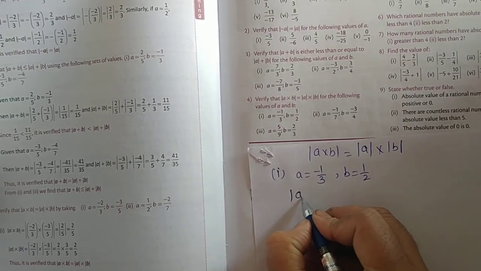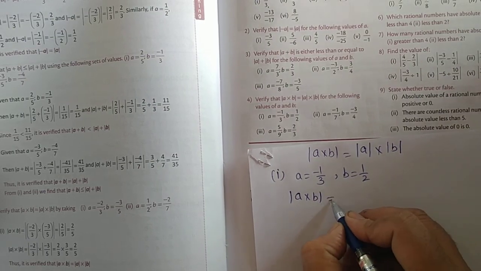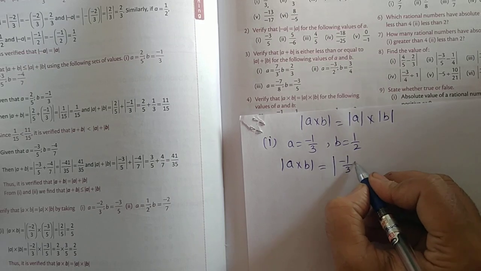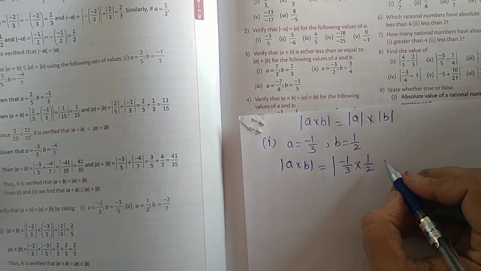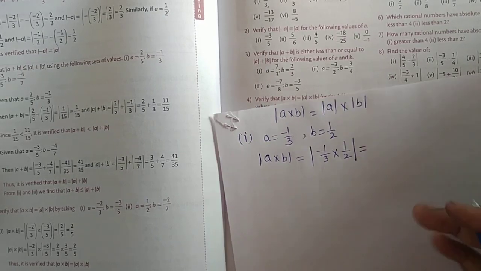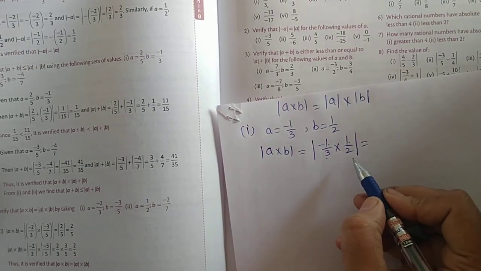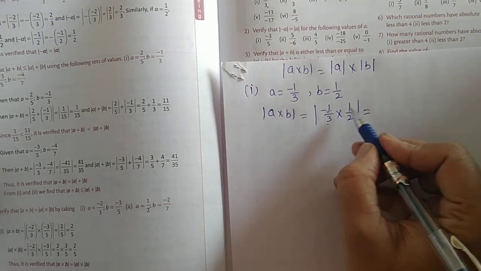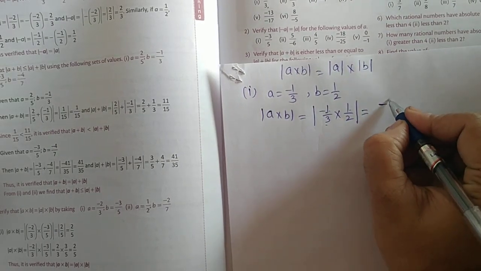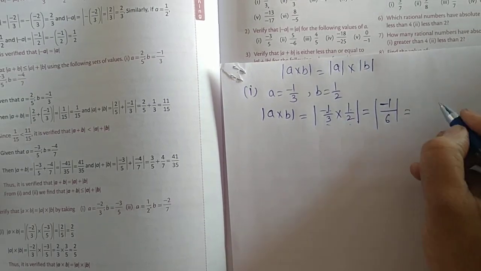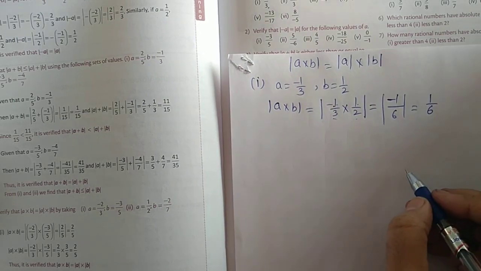So mod of A multiply by B is equal to mod of minus 1 upon 3 multiply by 1 upon 2. We will multiply numerator with numerator and denominator with denominator. You know the procedure very well. So here minus 1 multiply by 1 is minus 1, 3 times 2 is 6. So its answer is 1 upon 6.